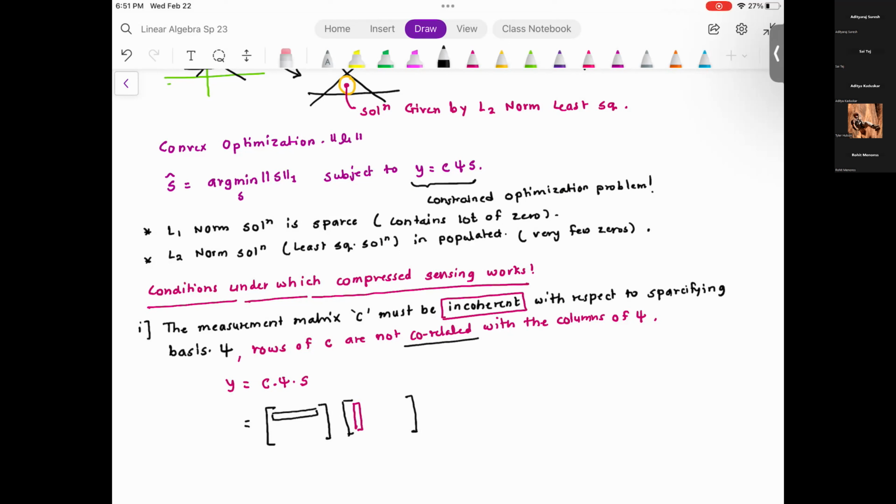What that means is change here has no relation to change here.